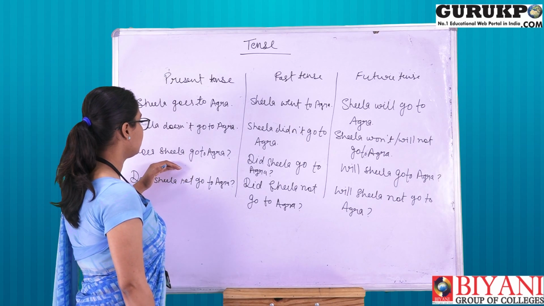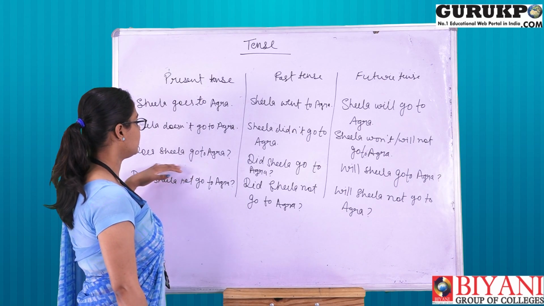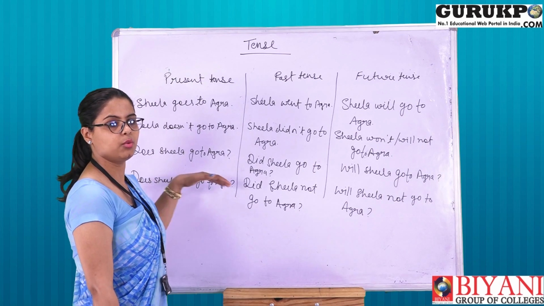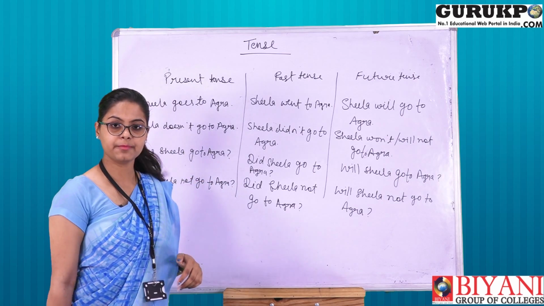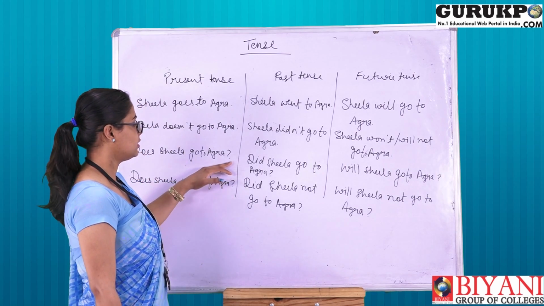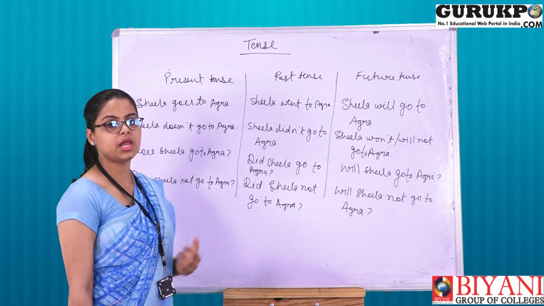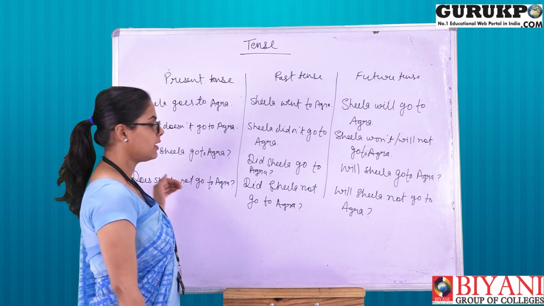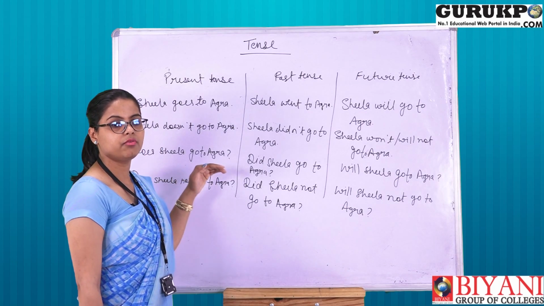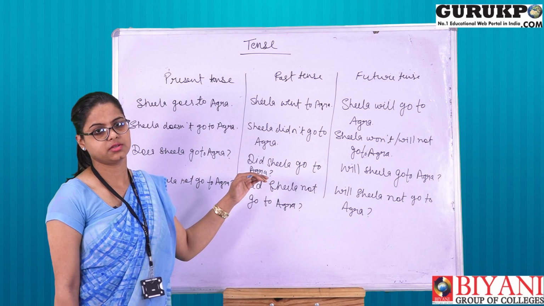Next, the sentence is converted into a question: Does Sheila go to Agra? And we can have the question mark. So in this way we have the formula of present simple interrogative: does plus subject plus verb's first form plus object.